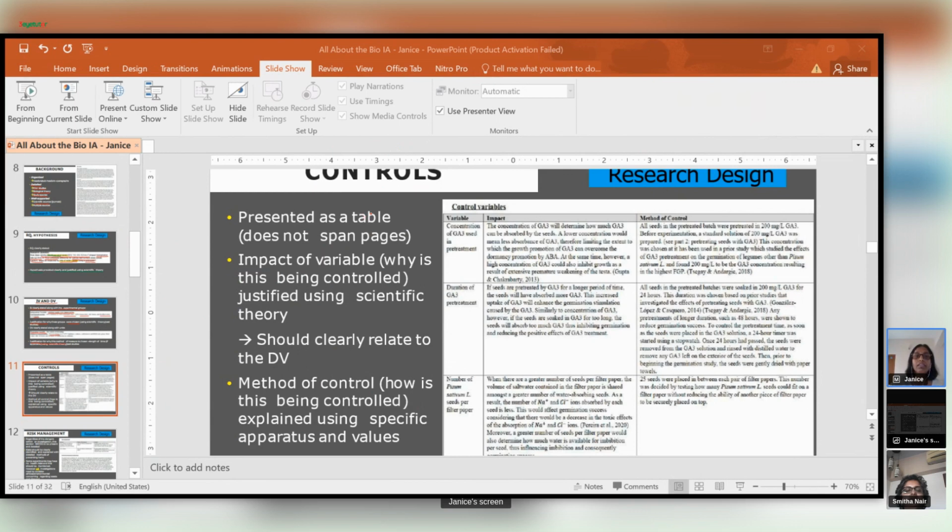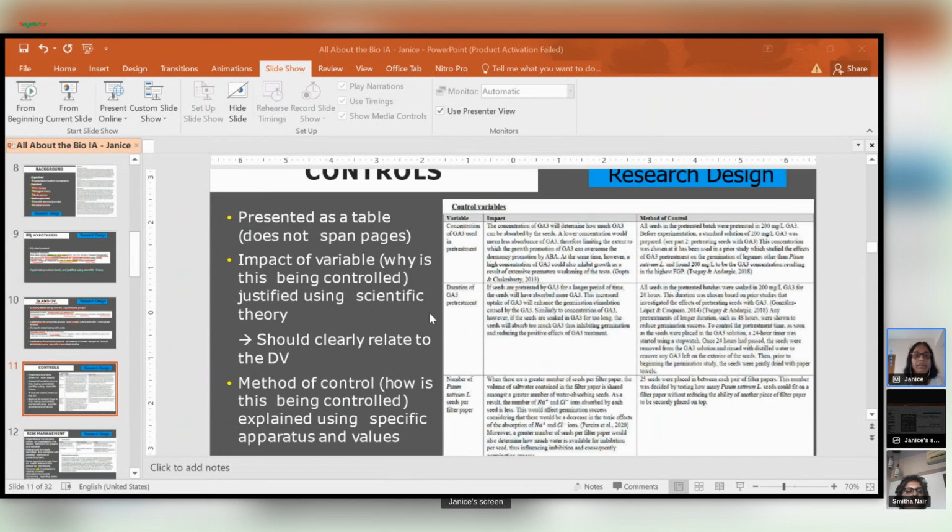Did you get it? Yes. For example, the concentration of this GA3, gibberellic acid. How I am going to keep it constant, I write it here. And if I don't keep it constant, what would be the impact of it? Got it? This is how you have to mention it very clearly.